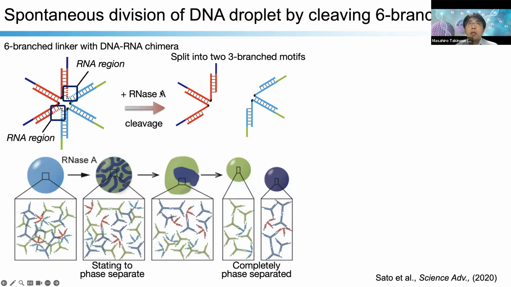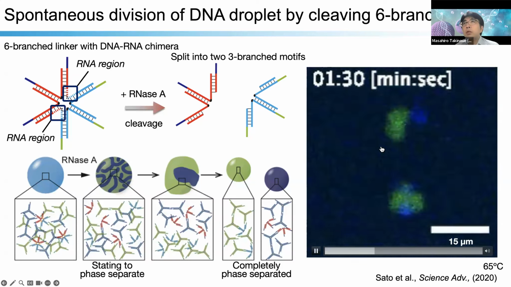So when RNase, the RNA degradation enzyme, is introduced into the solution, this 6-branch linker is cleaved into 2 portions of 6-branch DNA, and this linker loses the cross-linking ability. So the DNA droplet shows spontaneous phase separation, and finally it will divide into 2 droplets.